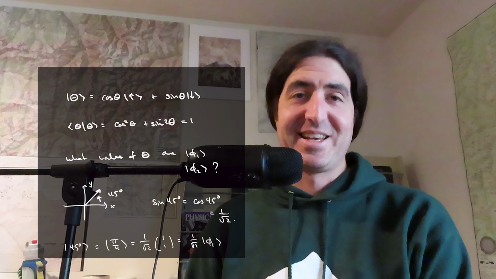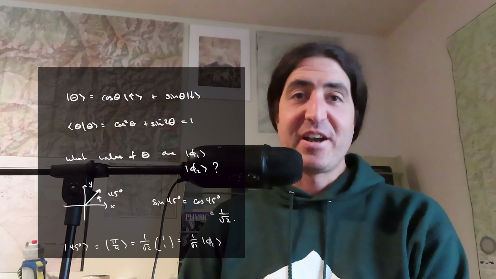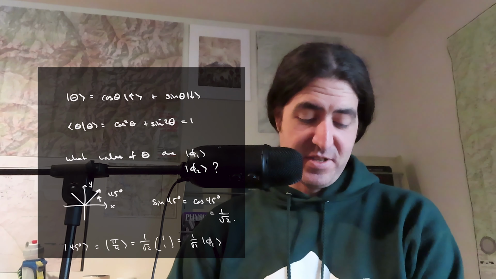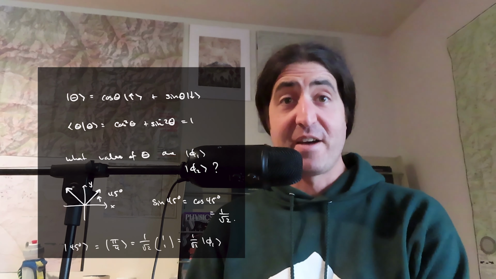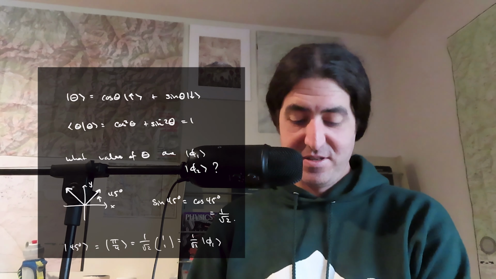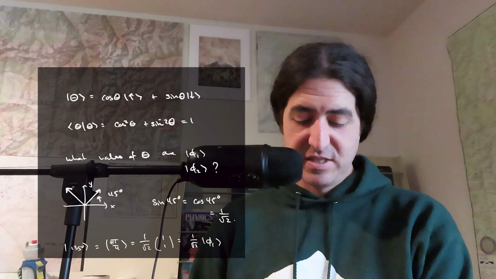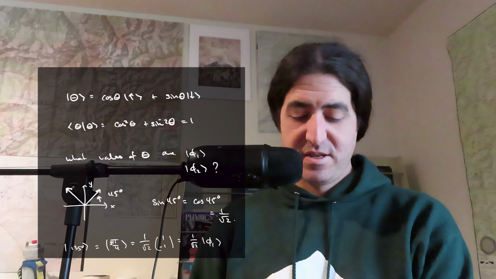I'll give you a hint. They're orthogonal states, right? So let's go back to that drawing that we had. How do you find an orthogonal state? You just draw the 90-degree vector out this way. What angle is that? That's 3 pi over 4 or 135 degrees, right? 90 plus 45. So that would give us 135 degrees, 3 pi over 4, (minus 1, 1), right?